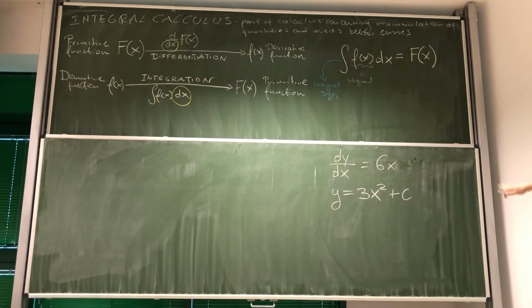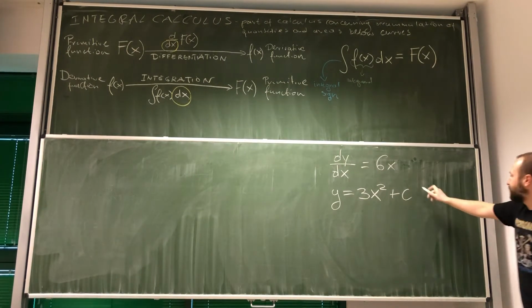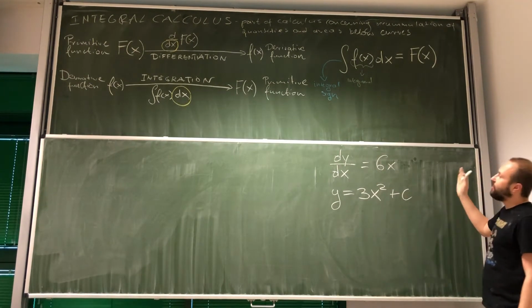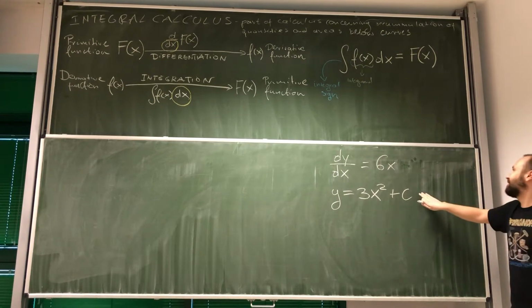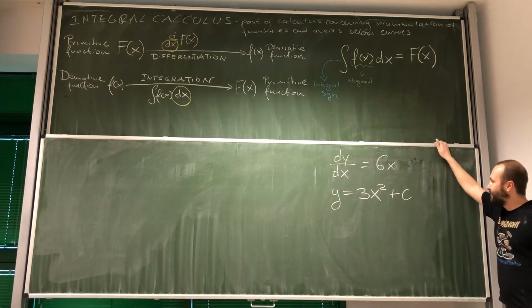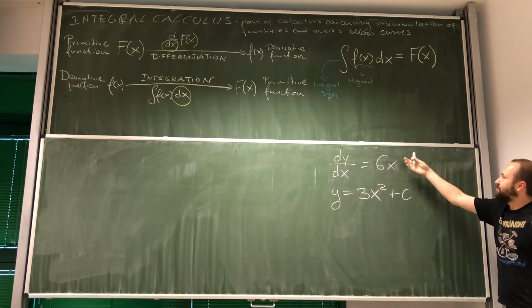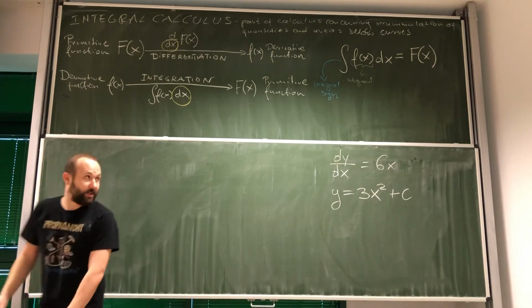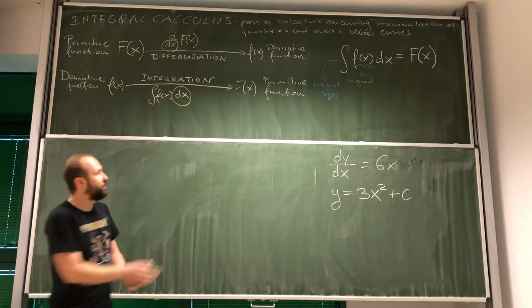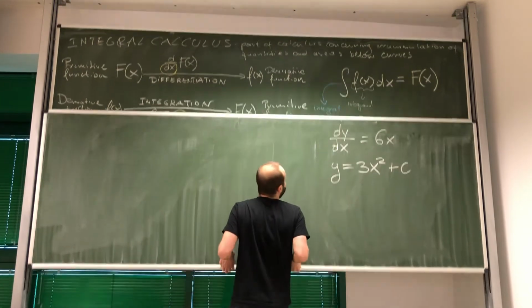Because as long as here we have an expression without x, it's going to be gone in differentiation, and as a result, what we're going to have is the derivative 6x. And this is the final ingredient that we need to introduce over here.